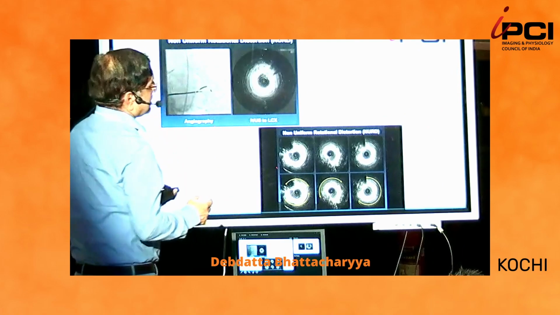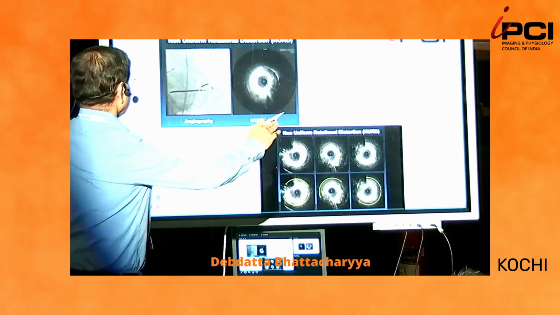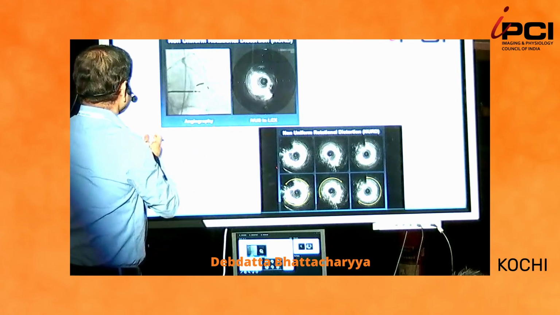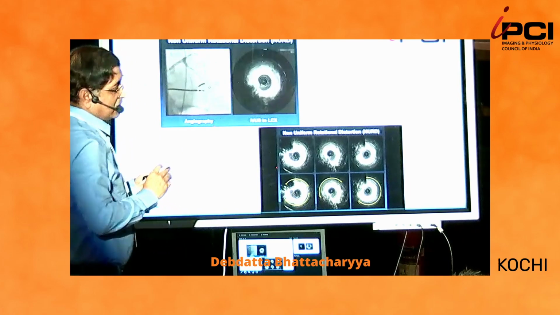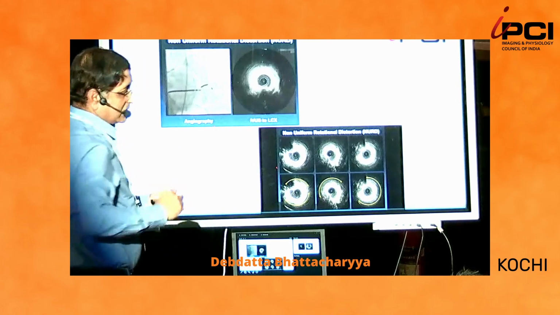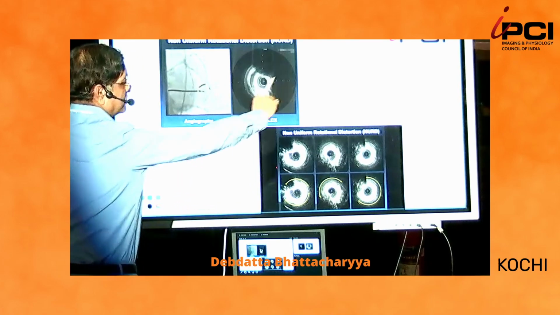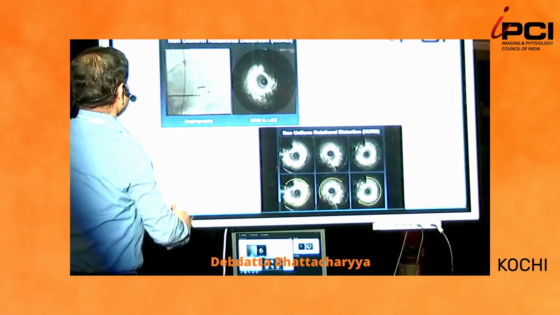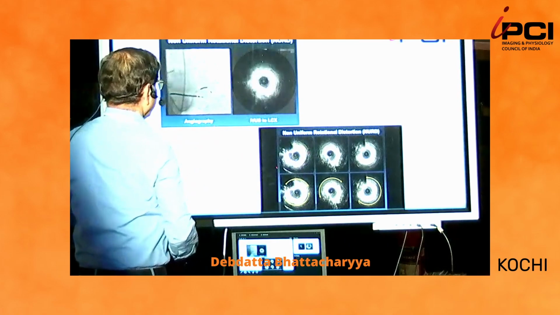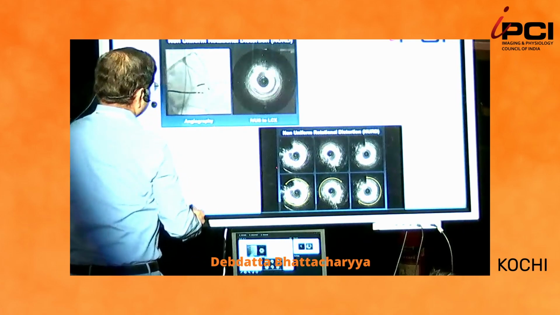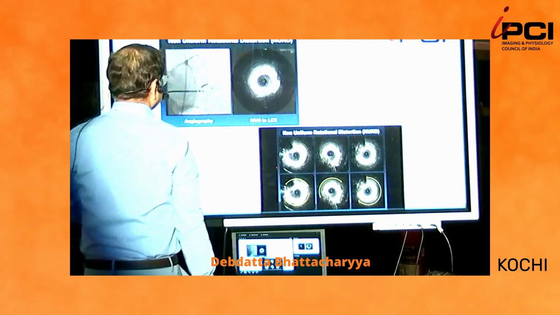And it happens if there is an angle between the left main and the circumflex, a sharp angle through which it has gone, or if it is compressed from outside by a tight O-ring, or the vessel is too tortuous and you can't get that rotation very well. And these are the images that you see, and it is a very annoying artifact because you can't assess the vessel. You cannot see the intima.